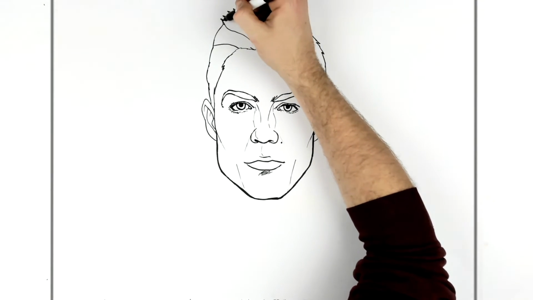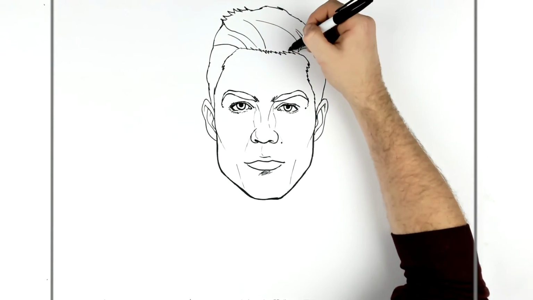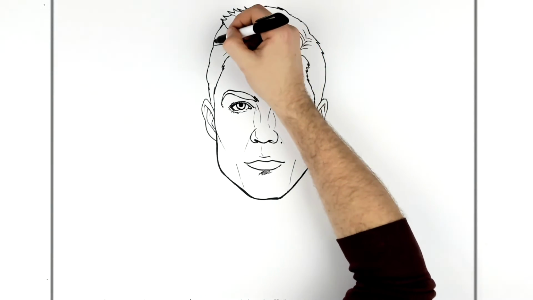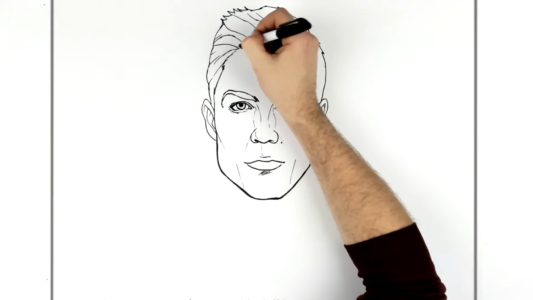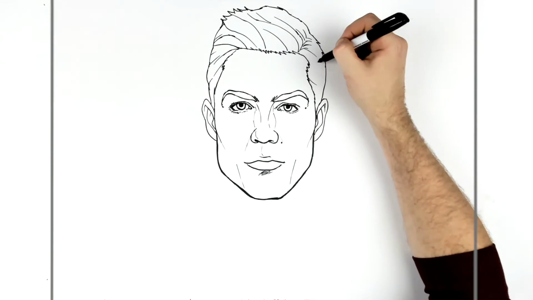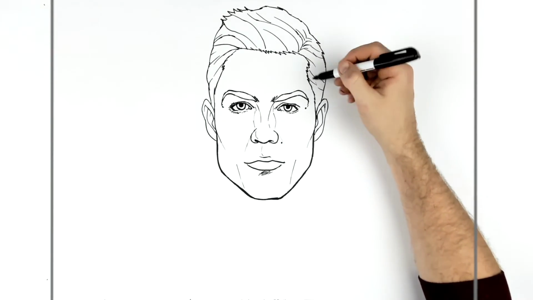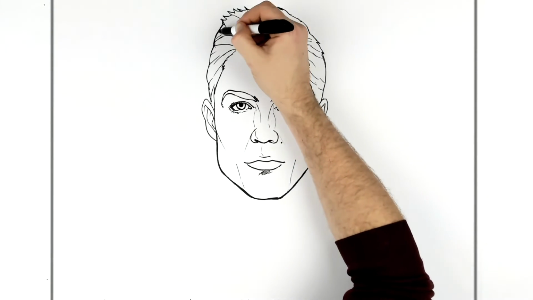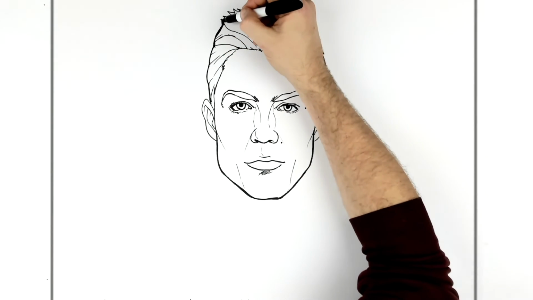So all these texture lines coming up from here. Okay, kind of like that. And of course his hair is dark, black or brown.